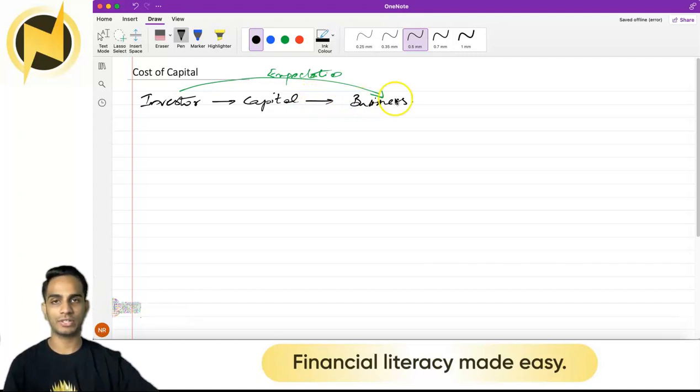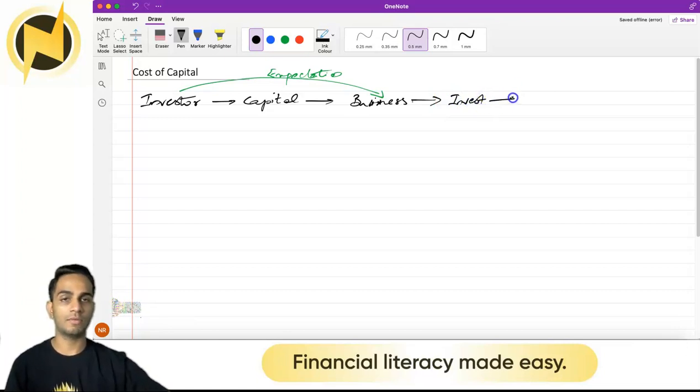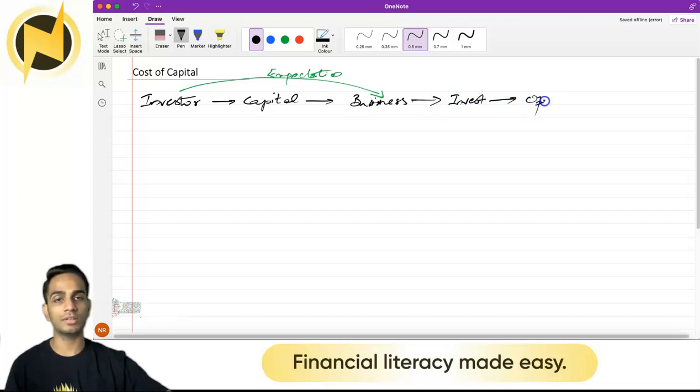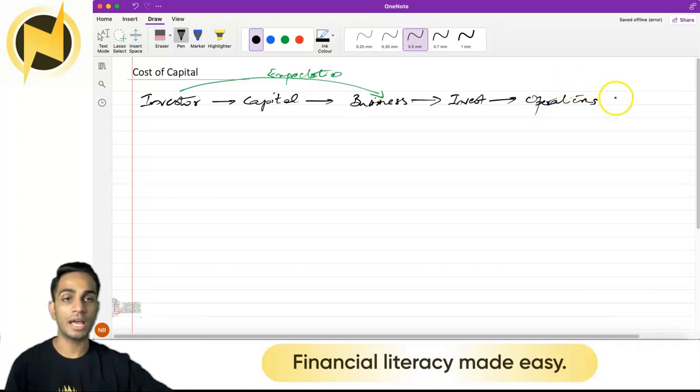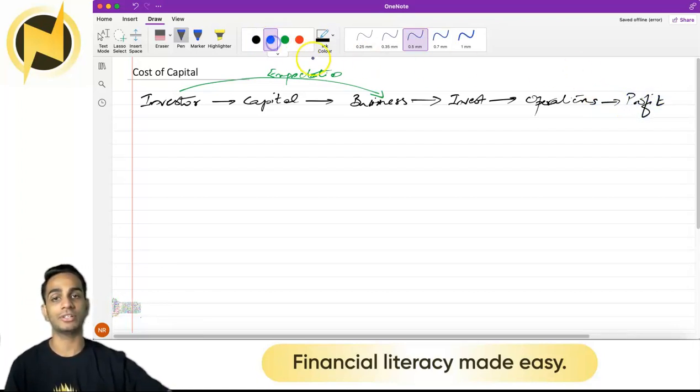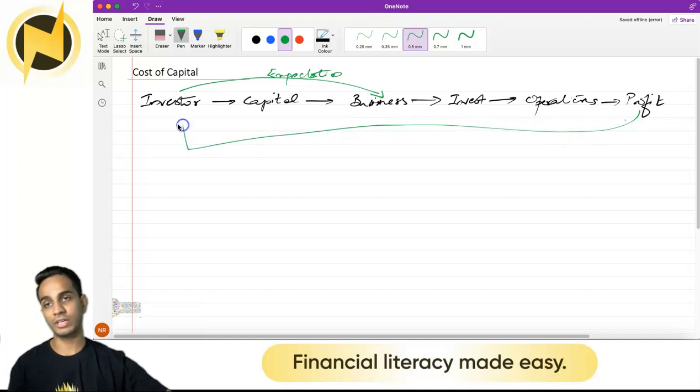Now, what is that expectation? The business should properly use this money, as in invest the money properly, and via this investment, conduct the operations of the business properly, and from the operations, they should make profit. And here comes the expectation: out of the profit that the business generates, a share should be given back to the investor. Correct? A share should be given back to the investor.